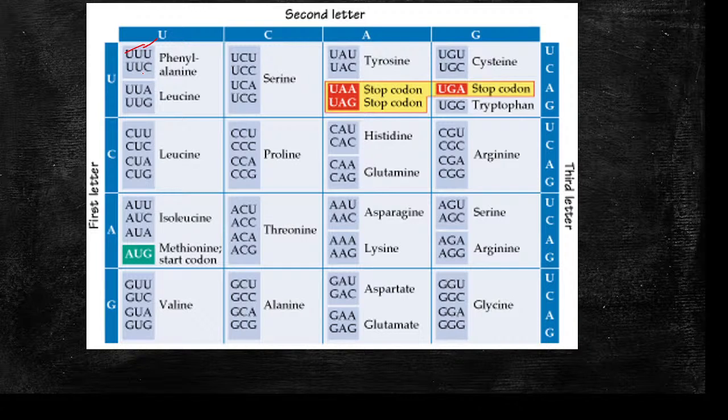The second codon is UUC, the third codon is UUA, the fourth codon is UUG. Now coming to the second box, the first letter is U in all 4 codons, the second letter is C, and the third letter again will change: U, C, A, G.